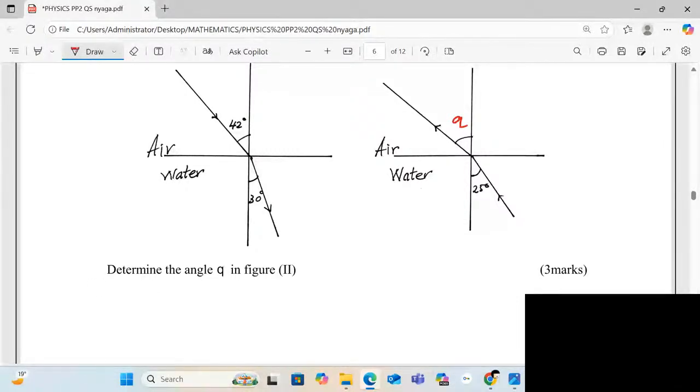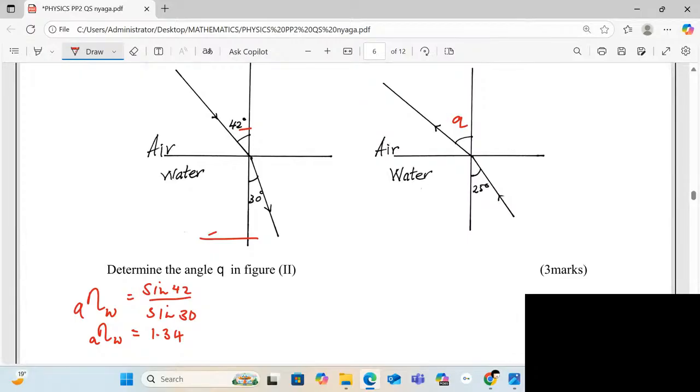For this diagram, the refractive index of water with respect to air will be given by the sine of the incident angle, which is 42, over the sine of the refracted angle, which is 30. And this will lead us to 1.34. So our refractive index of water with respect to air will be 1.34.